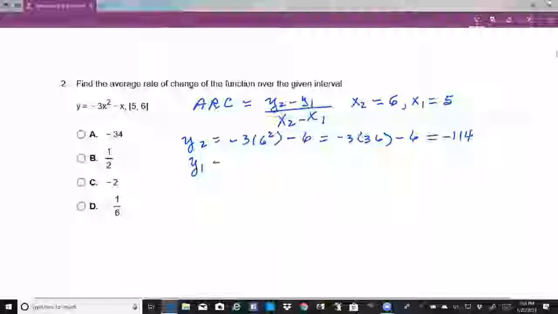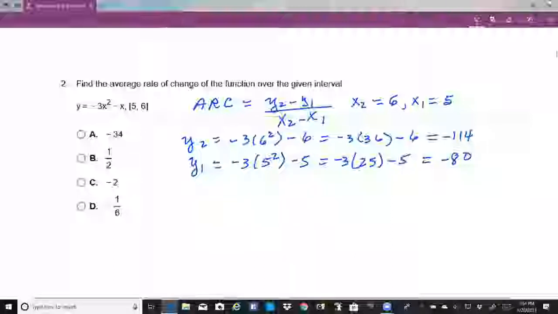Y1 is equal to minus 3 times 5 squared minus 5, which is equal to minus 3 times 25 minus 5. 3 times 25 is 75. Minus 75 minus 5 is equal to minus 80.